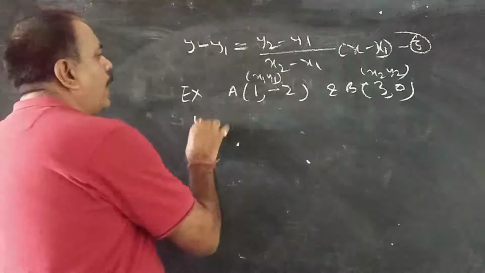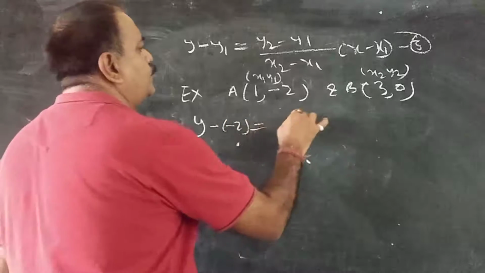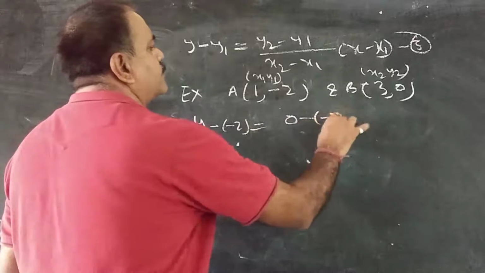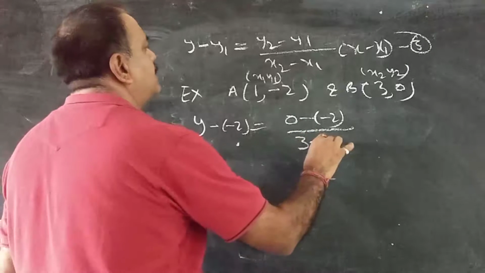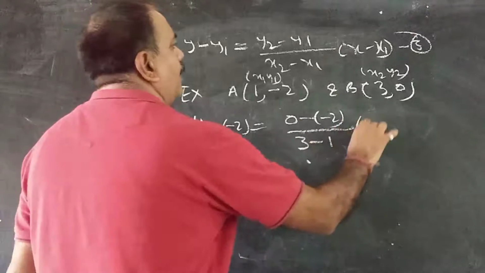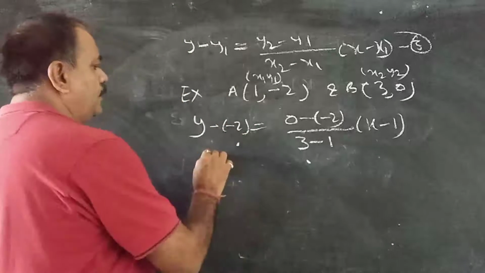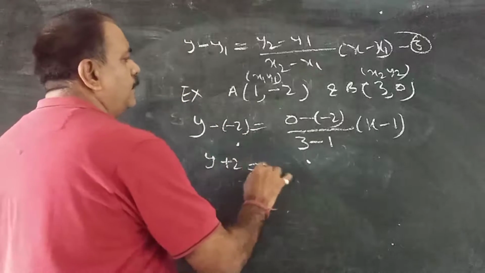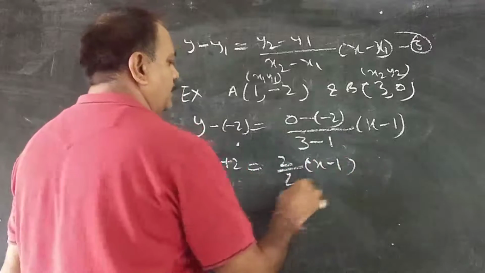So y minus (minus 2), y2 is 0 minus (minus 2), by x2 is 3 minus 1, x minus 1. So y plus 2 by 2, x minus 1.